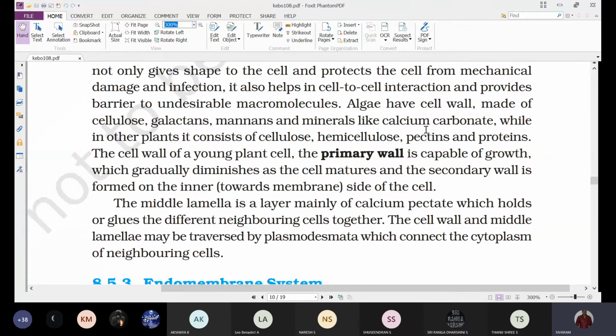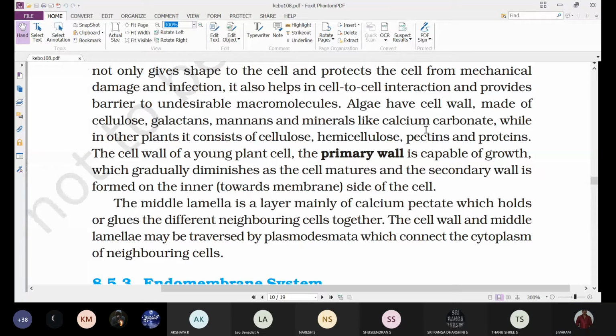Till the plant cell has only a primary cell wall, what does primary cell wall mean? The primary cell wall is made up of cellulose. Till the cell wall consists of only cellulose, the cell is capable of undergoing growth.